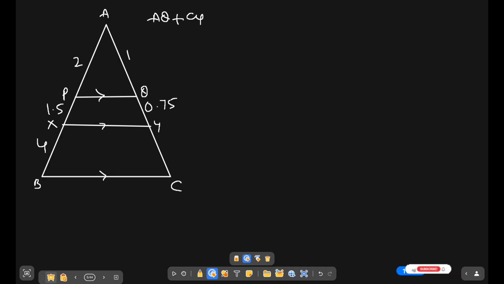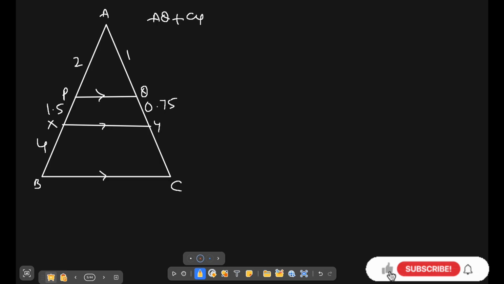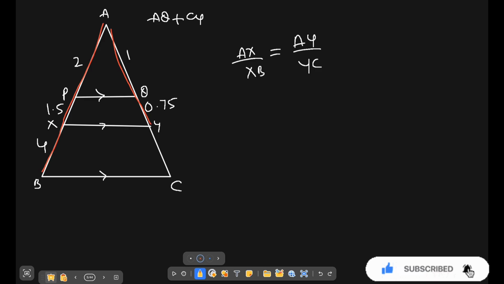Next, now apply the basic proportionality theorem for this triangle. XY is parallel to BC, then XY divides this AB side and AC side in the same ratio. If you apply this for this one, what do you get? AX by XB is equal to AY by YC.